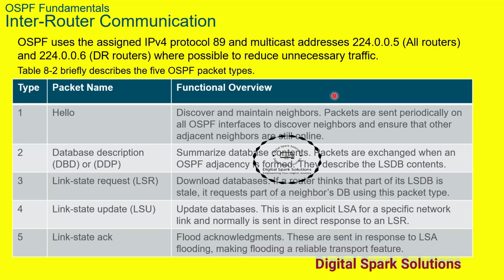Then we have the database description. It summarizes database contents. They basically describe the LSDB contents. And the link state request downloads the database. If a router thinks that part of its LSDB is stale, it requests part of a neighbor's database using this packet type. Like if a router has not received the acknowledgement of the links for a few seconds as designated time.